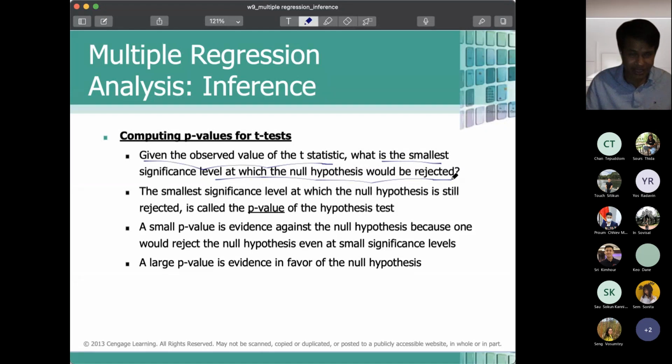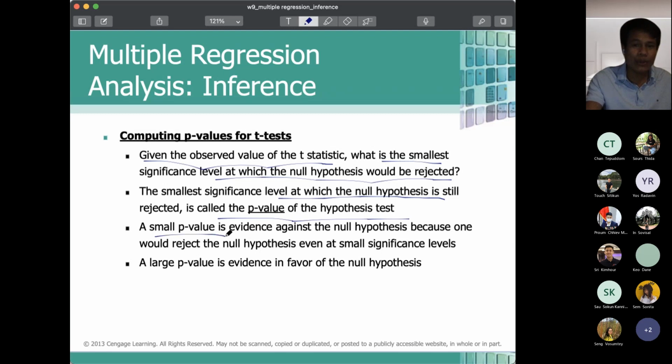If it is rejected at 5%, you may want to check if it is rejected at 1%. Right? And that smallest significance level at which the null hypothesis is still rejected is called the p-value of the hypothesis test. Right? That is called the p-value, the lowest significance level. That probability is what we call the p-value, the probability value.